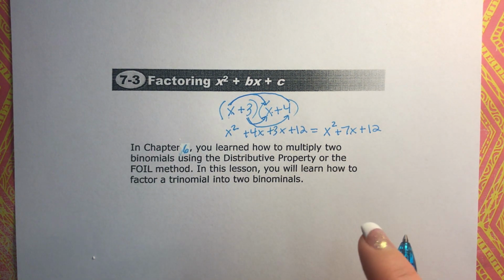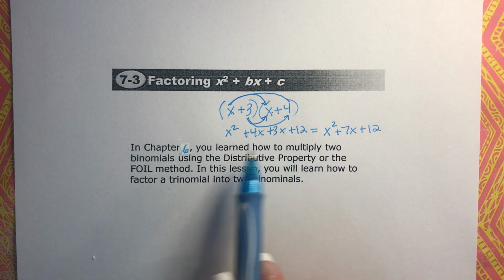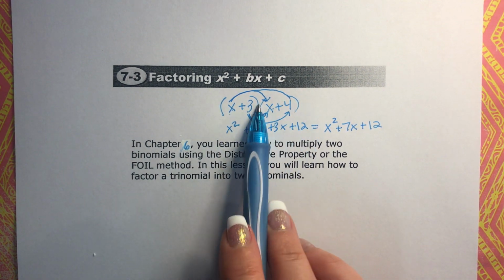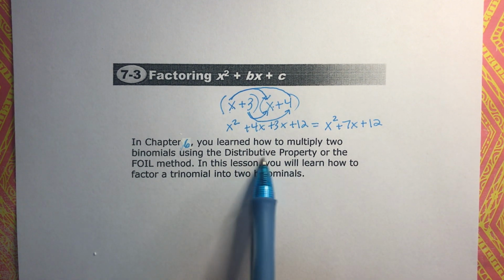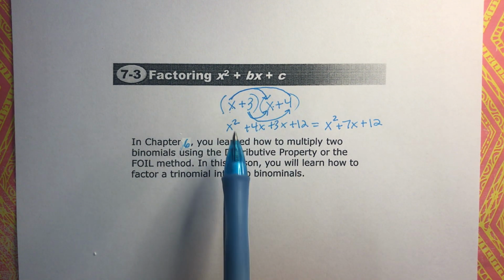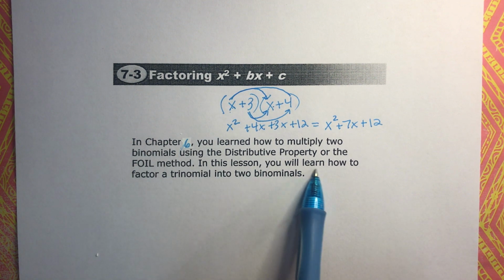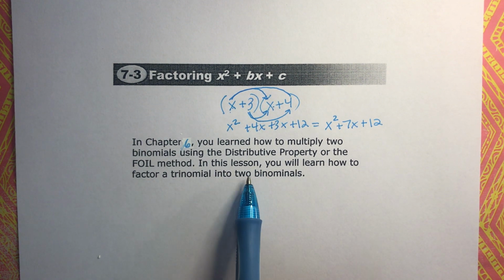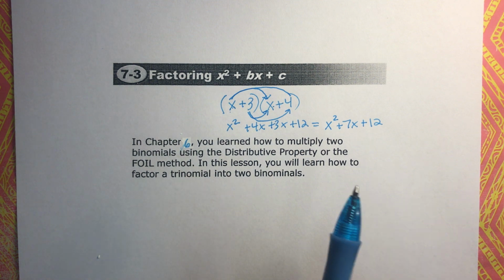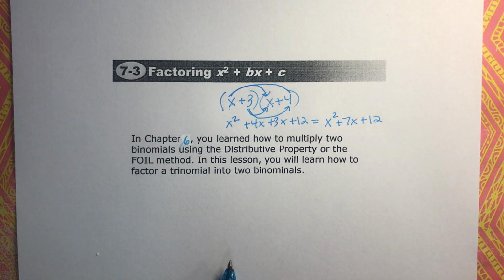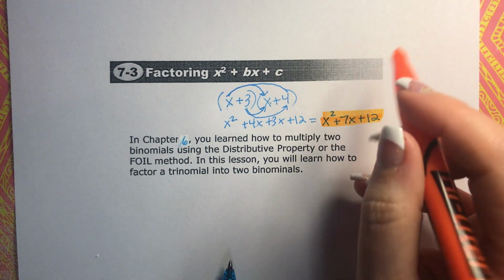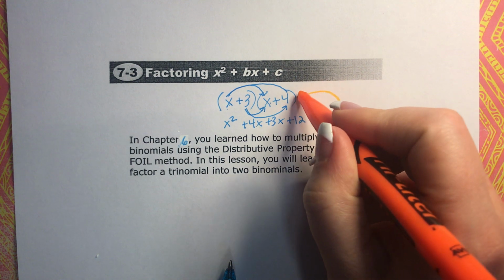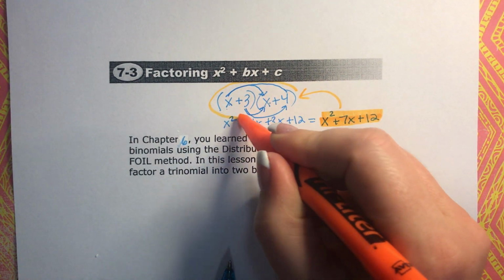So in Chapter 6, you learned how to multiply two binomials. This is a binomial, this is a binomial, and we're multiplying them using the distributive property twice or the FOIL method. In this lesson, you will learn how to factor a trinomial into binomials. We're going to be given this, and we're going to have to do the reverse and end up with this.